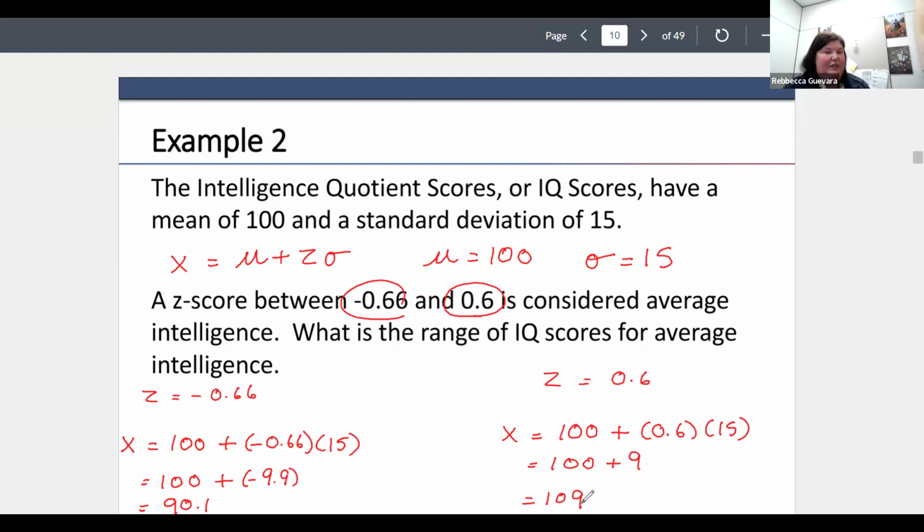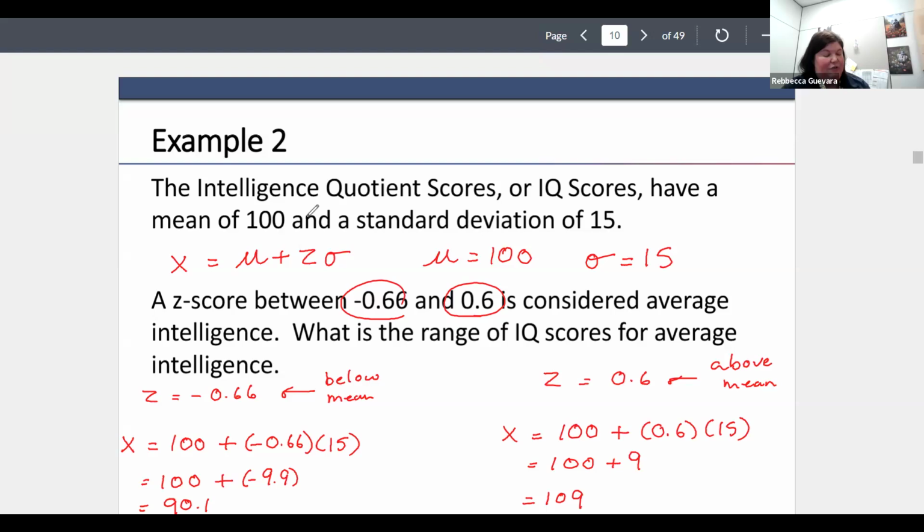So 2 standard deviations above the mean is considered not gifted, but bright. And if you look 2 standard deviations below the mean, in this case, this is below the mean because it's a negative score, so we're going to get something that's less than 100. When I'm talking about above the mean, because this z-score is positive, that means we're going to get a score that's larger than the mean.